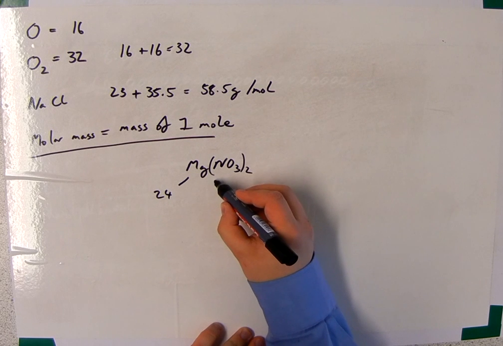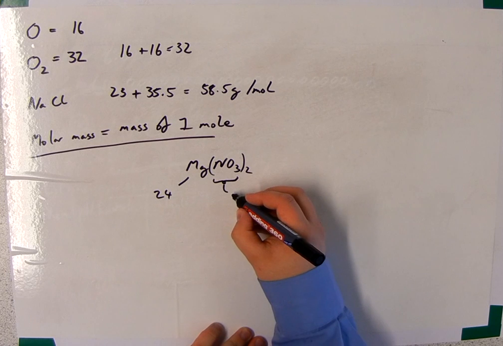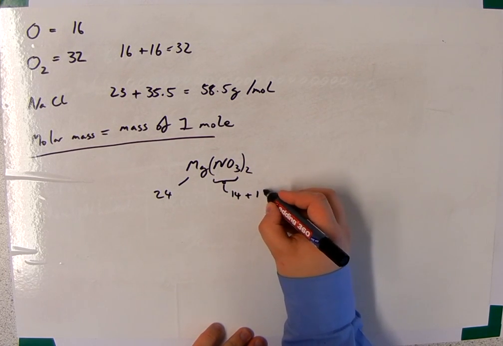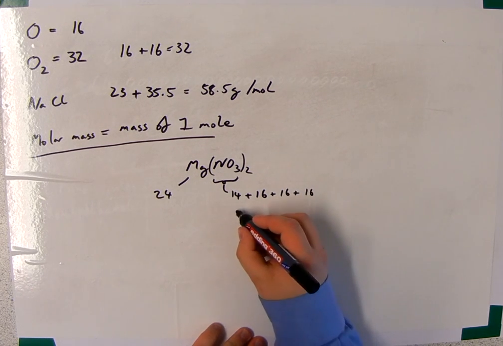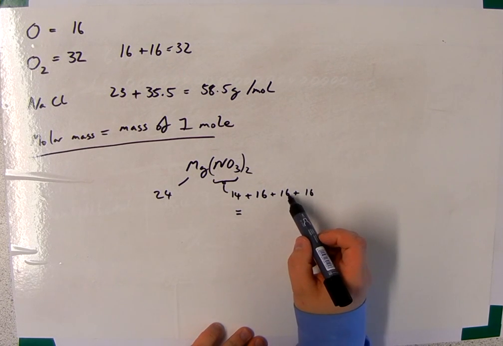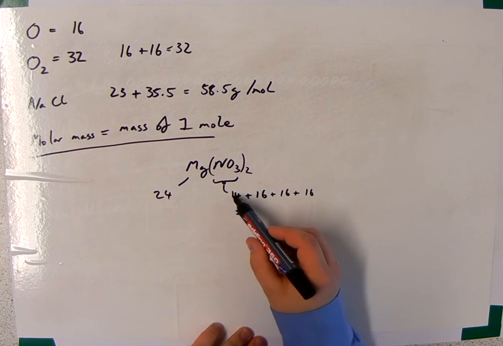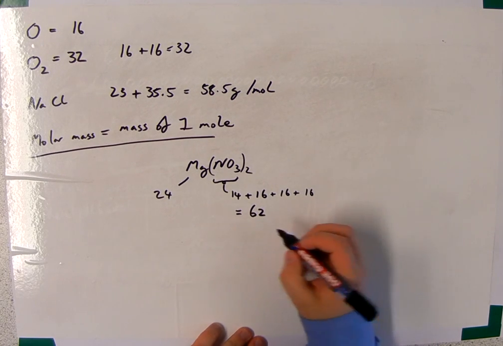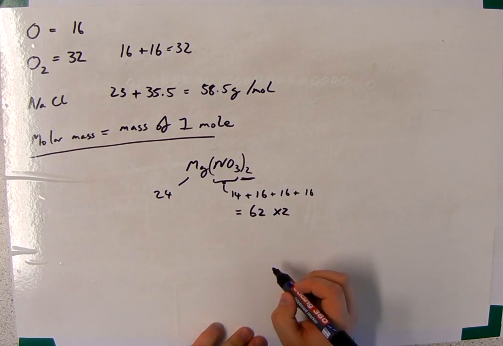Then we've got NO3, which is nitrogen, 14, plus oxygen, 16, 3 times, which is 16, 32, 48, plus this, 52, 62, and that is times 2 because of that there.